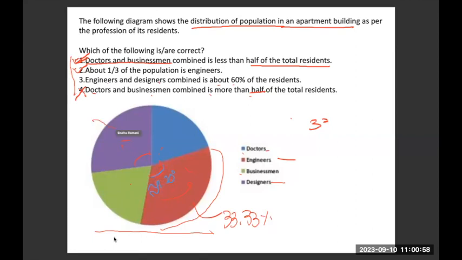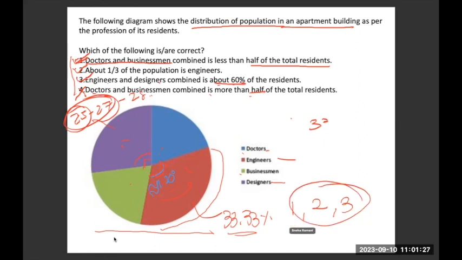This will approximately be about 25 or 27 roughly, because it's less than 33.3, but it is definitely more than 1/4. This is not 90 degrees. If this was 1/4, this would have been 90 degrees. So it's more than 25. It will be roughly around 27 or 28. So eventually it will come up to about 60%. So even 3 is true. So in this case, 1, 2, and 3 all are correct.